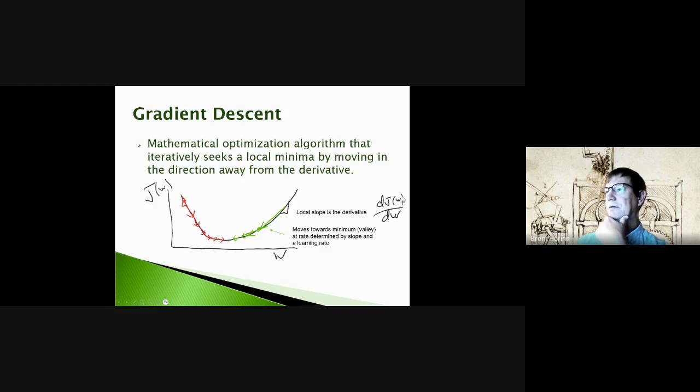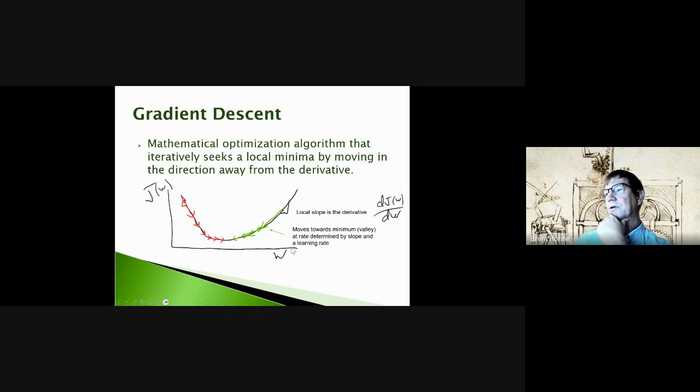We'll try to make all those W's for weights. And so here our slope is positive. So let's move in kind of the negative direction at some proportion to that slope, okay? If that's a steep slope, we'll move a lot. If it's a shallow slope, we'll move less.